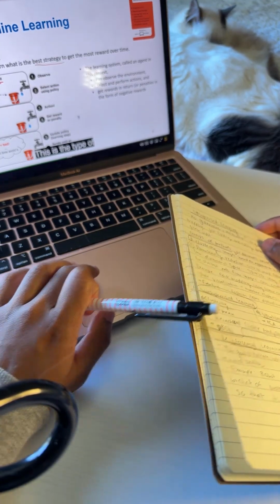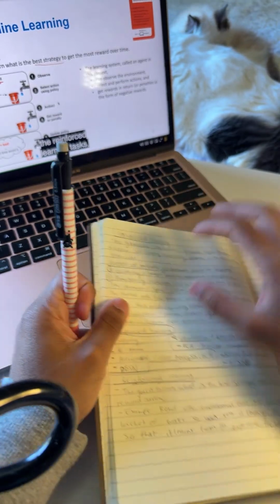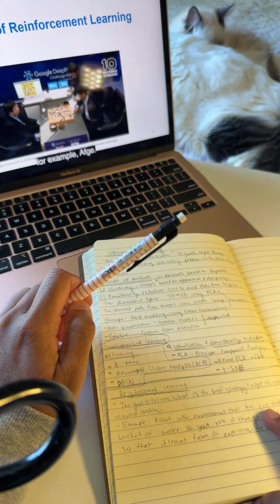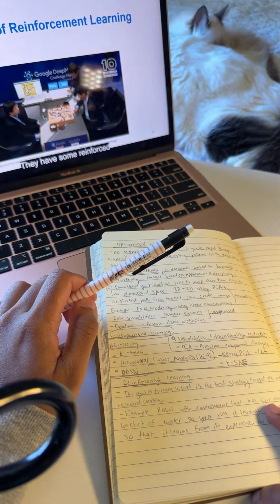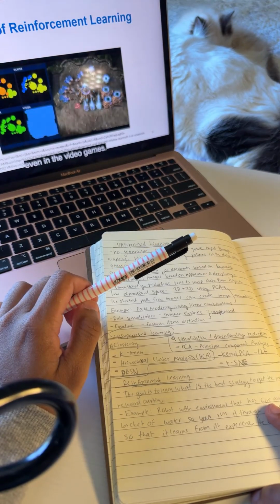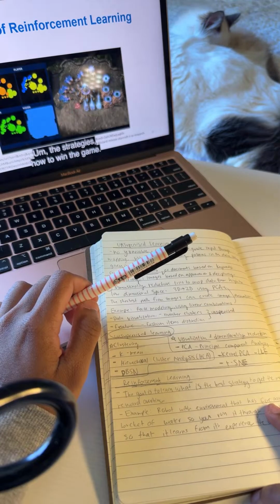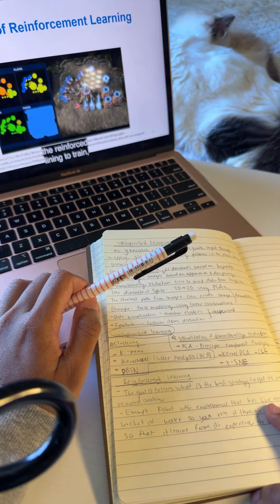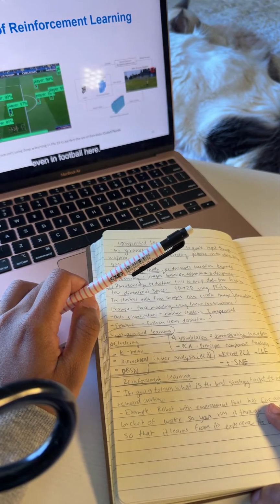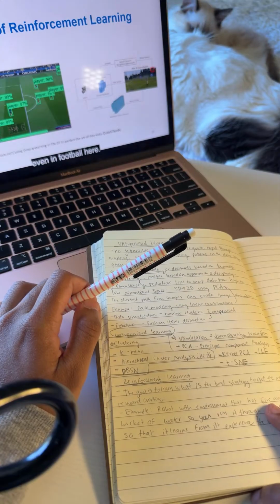Like the reinforcement tasks. For example, AlphaGo, they have some reinforcement learning techniques in it. Even video games, so the strategies for how to win the game. This also can use reinforcement learning, even in football.